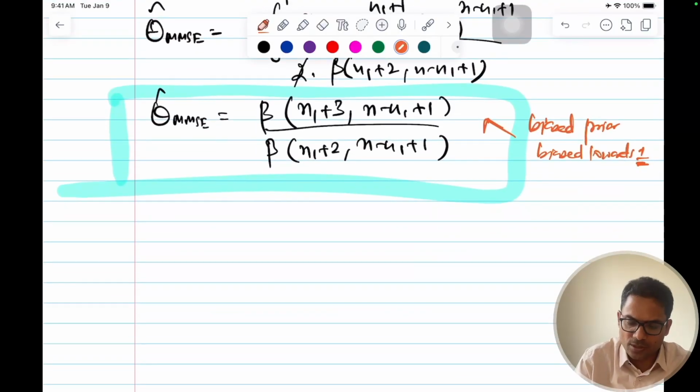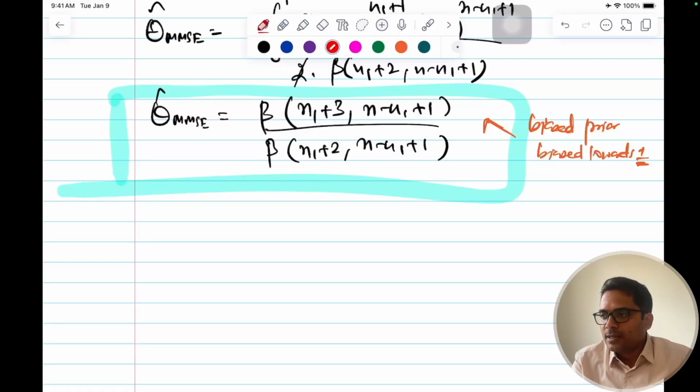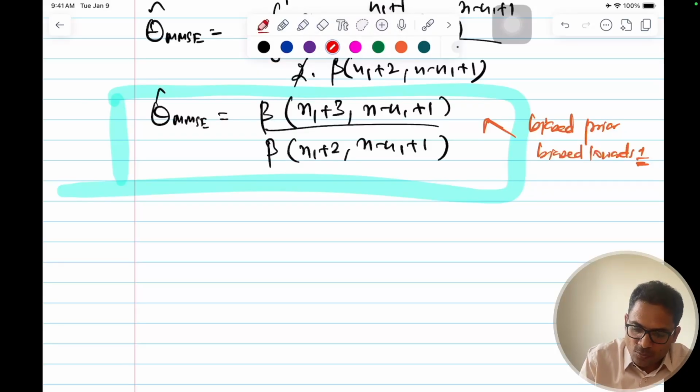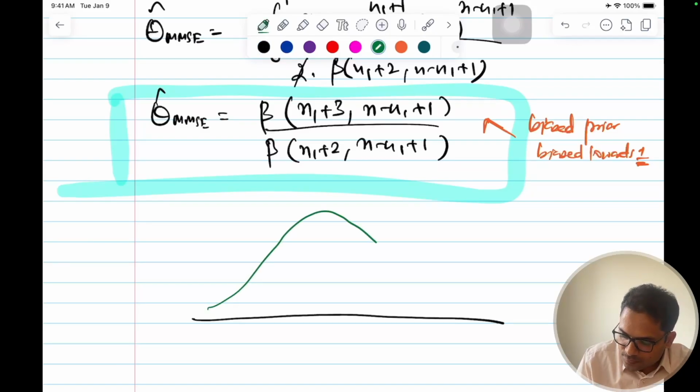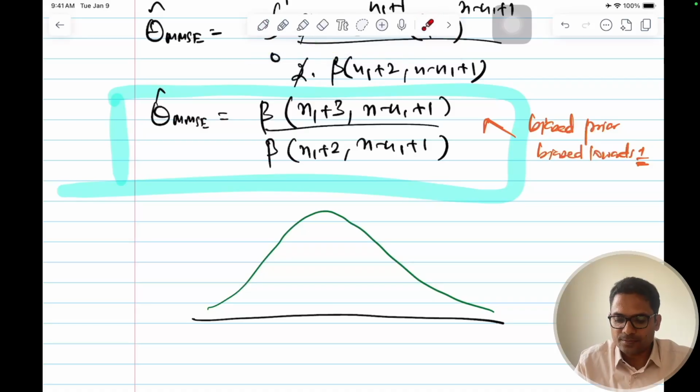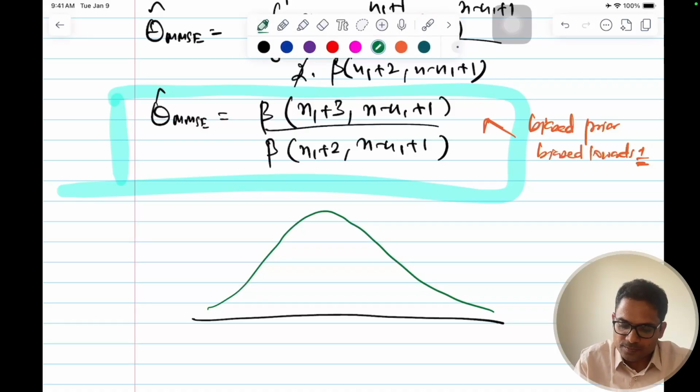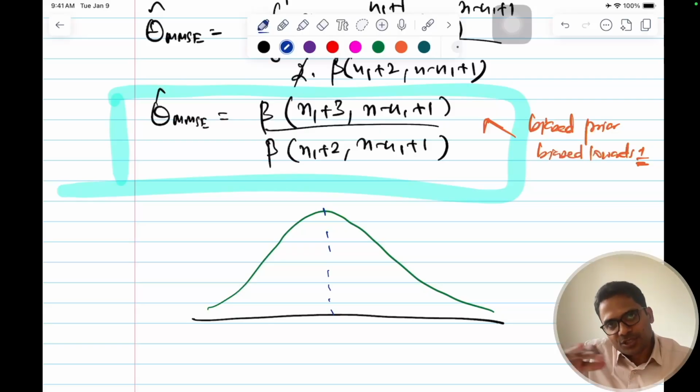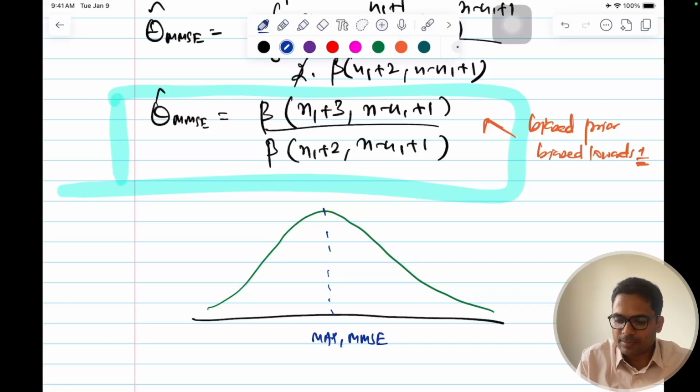Some notes around this. Where theta MAP and theta MMSE are concerned, there are some important things to note. If your posterior distribution, whatever we got after the update, is symmetric, like a Gaussian, then your MAP and MMSE will be very close or maybe the same. And this is unimodal also.